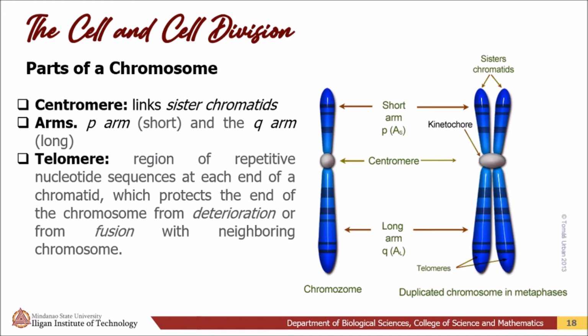The centromere is located at the cell's constriction point, which may or may not be the center of the chromosome. During mitosis, spindle fibers attach to the centromere via the kinetochore. At the end of each chromosome is a repetitive nucleotide sequence cap called a telomere.